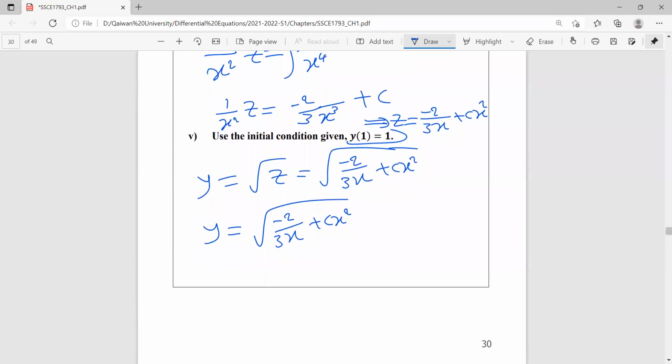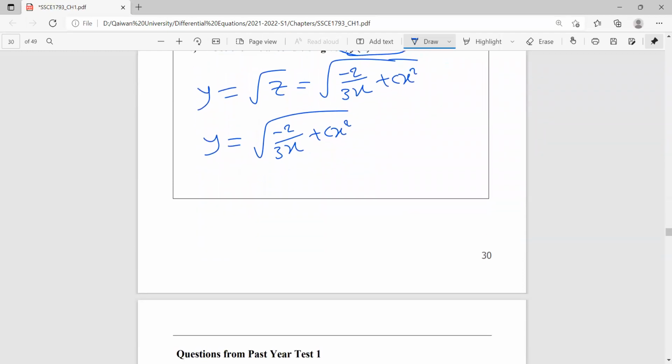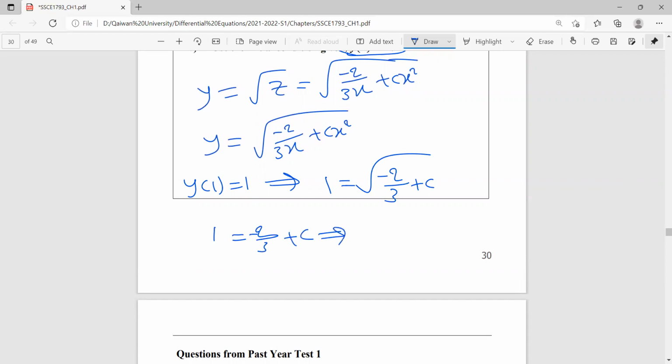And then we apply the condition. The condition is y of 1 equals 1. So we replace x by 1 and y by 1 to get the value of c. We get 1 equals the square root of minus 2 over 3 plus c. By squaring both sides, we get 1 equals minus 2/3 plus c, and so c is 1 plus 2/3, which is 5 over 3.